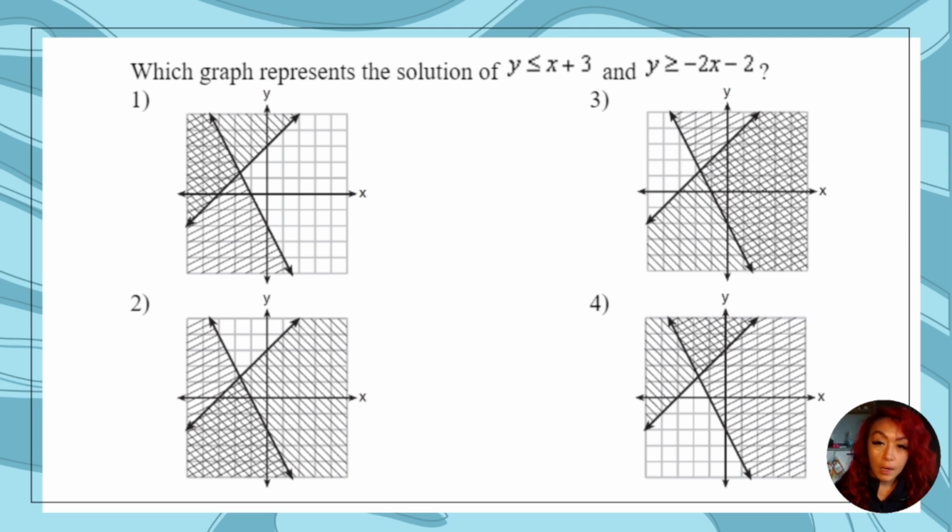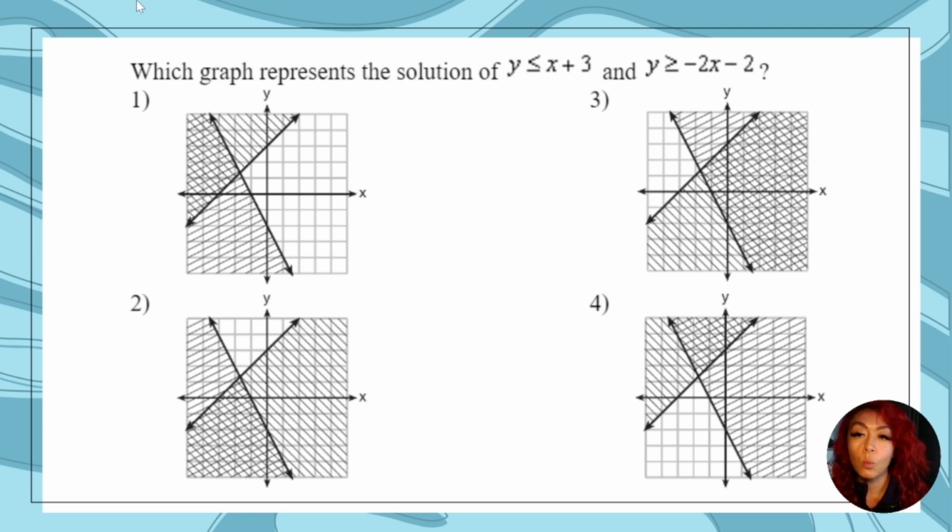So lucky for us, it looks like each of the 4 graphs have the same 2 lines. So we don't have to worry about finding the y-intercept and the slope for each of the 4 options. They all have the same slope and the same y-intercept. We really just have to look at the shading of the graphs to determine which one is the correct answer.